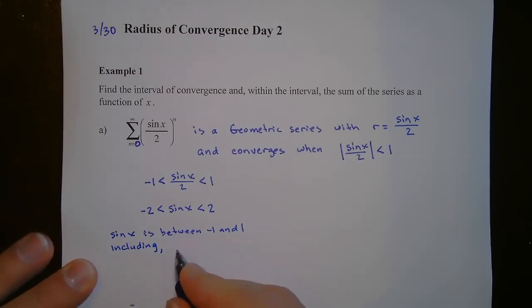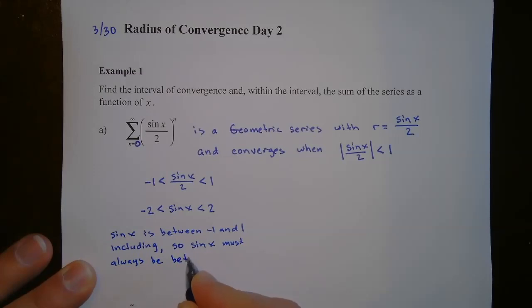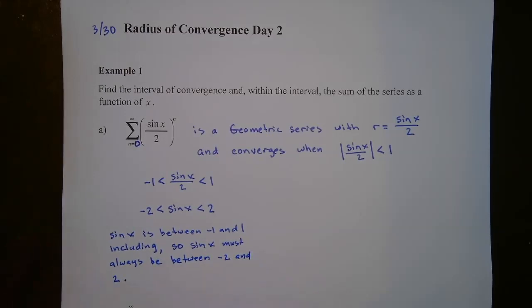So sine x must always be between -2 and 2. So this is always going to be true. What does that mean in terms of the interval of convergence?